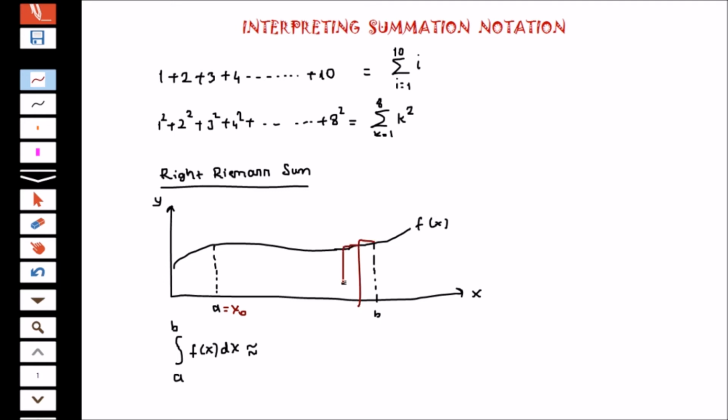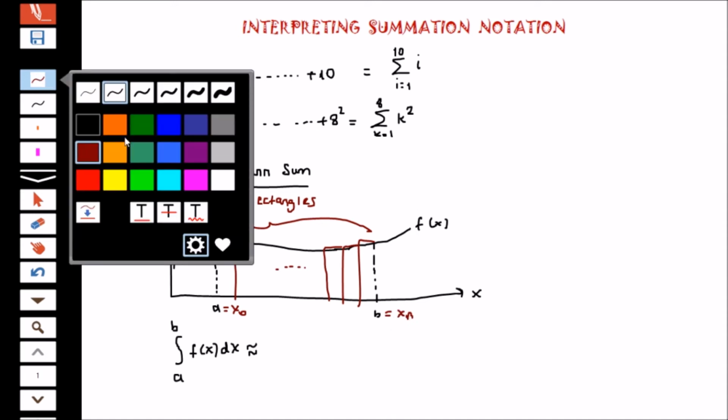I will show values from the right hand side. And the first one starting from x1. So I will draw here n rectangles. If I draw n rectangles and if I say a is x0, then b must be xn.